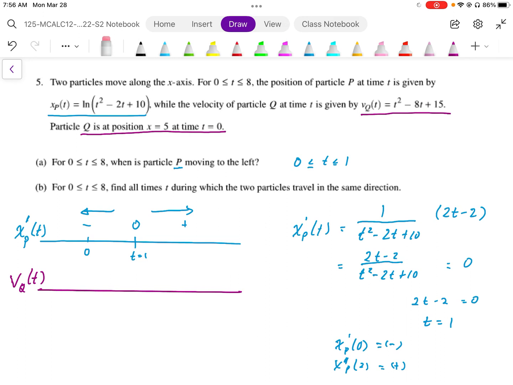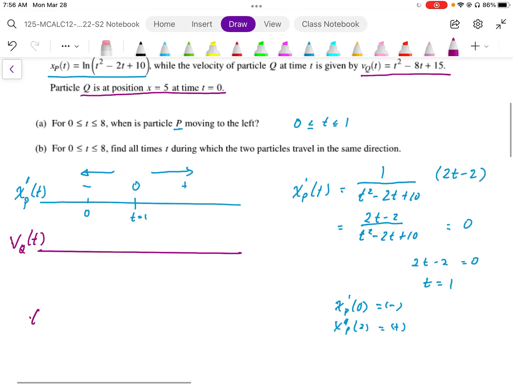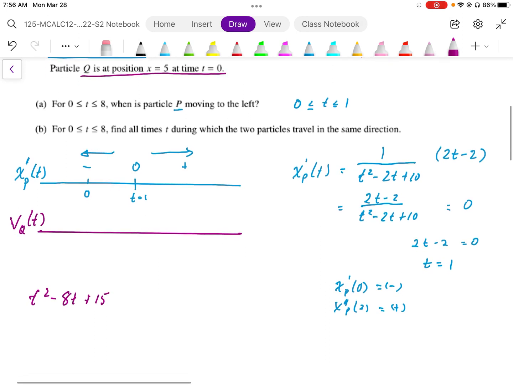And so I want to find the zeros of that velocity function. The velocity function is t squared minus 8t plus 15. We want to factor this because we want to make it equal to 0. So t minus 5 and t minus 3.